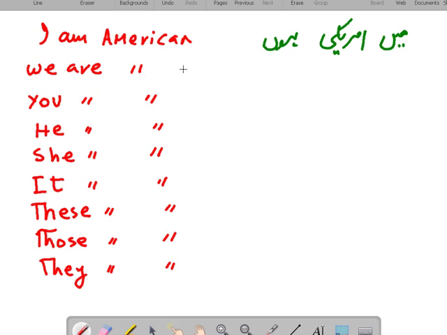We are American. So we'll write हम अमरीकी हैं. You are American. तुम, if it is informal, and if it is formal and respect, then आप अमेरिकन हैं और आप अमरीकी हैं.